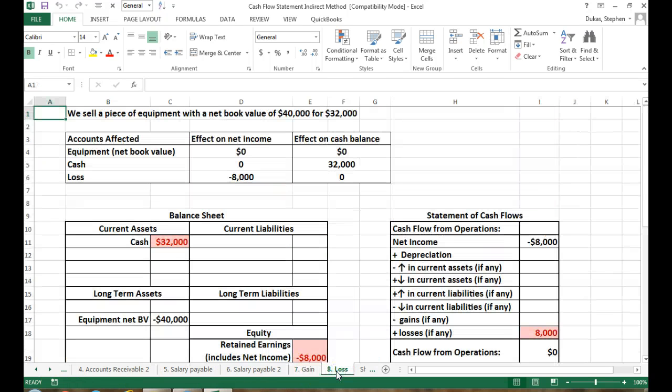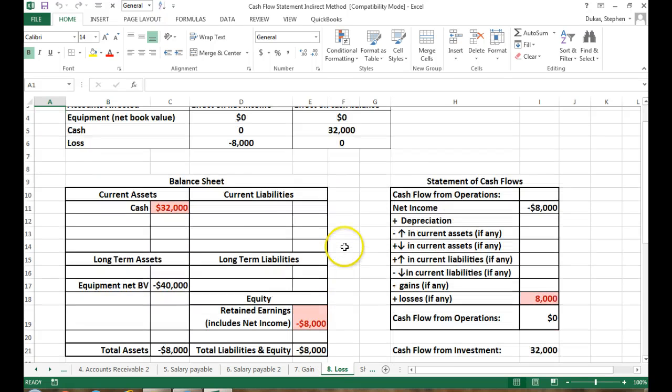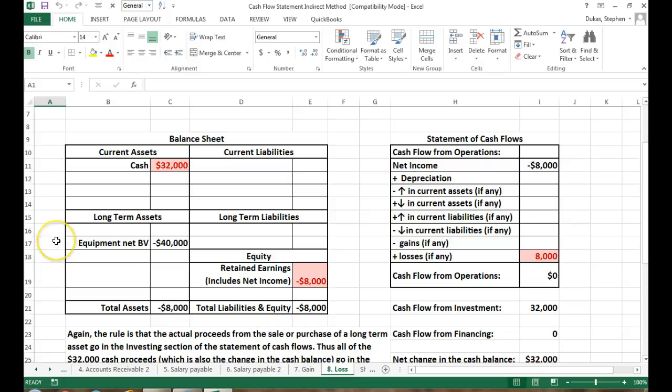To illustrate a loss, what happens if we sell the same piece of equipment for $32,000? Well, notice what happens on the balance sheet. Equipment's gone down by 40, but cash has only gone up by 32. So assets have declined by 8. This is shown in the income statement as a loss.